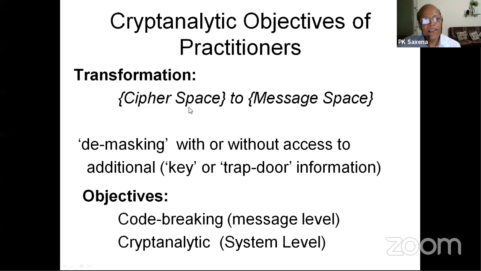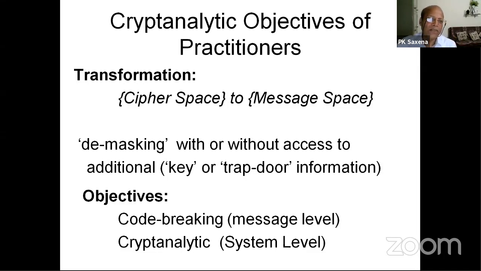The other is code breaking at system level. As I talked about the Hagelin machine, this German machine, which was broken. That was cryptanalysis at system level, where the whole system was broken.